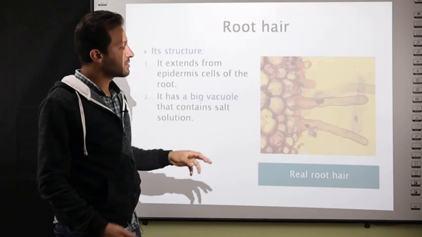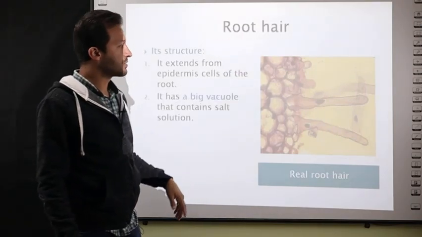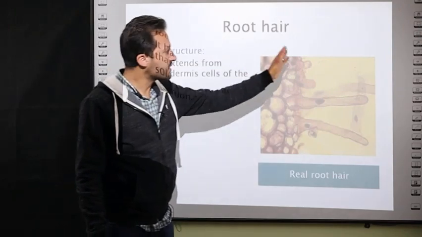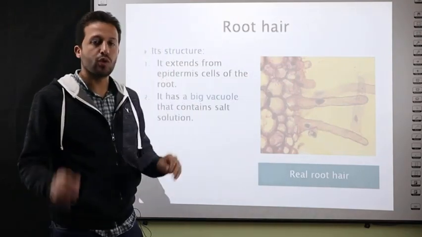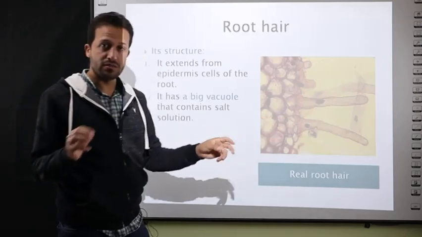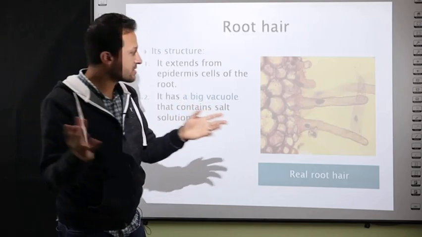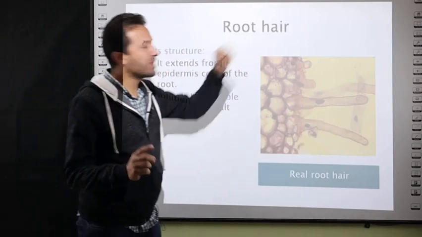Now let's talk in detail about root hair. We said that the first layer of root is called epidermis, and some cells of epidermis enlarge and become bigger in size, and we call it root hair.